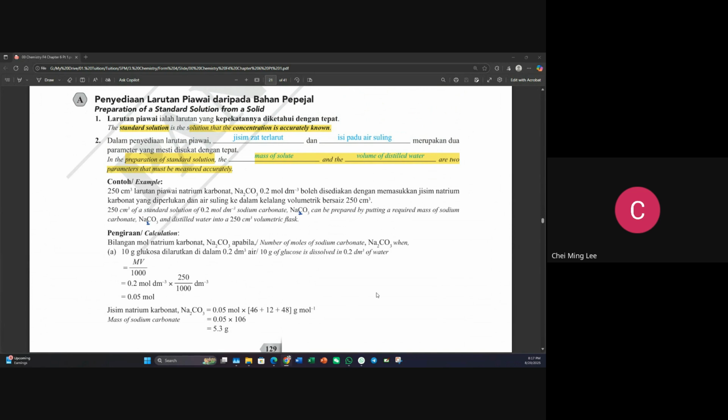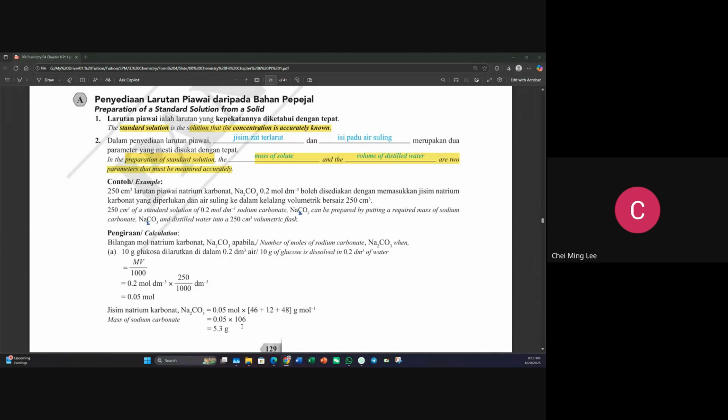So you want to get the mass, so you use 0.05 mole multiplied with the sodium carbonate's molar mass, which is 46 plus 12 plus 48, 16 times 3. So you get 5.3 gram.